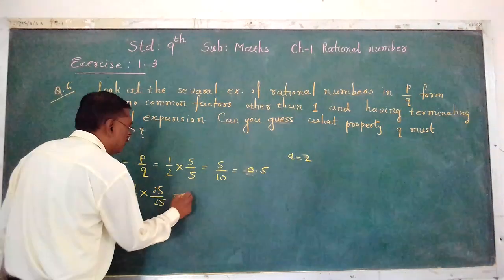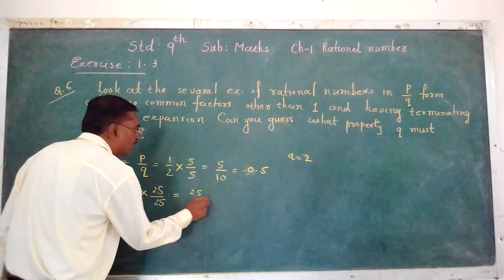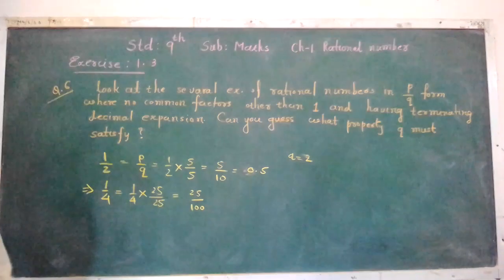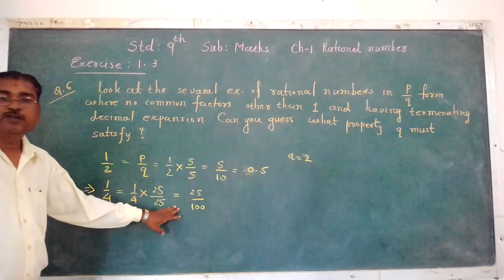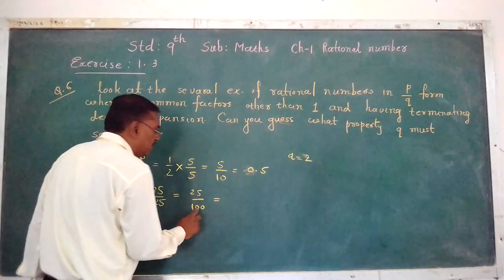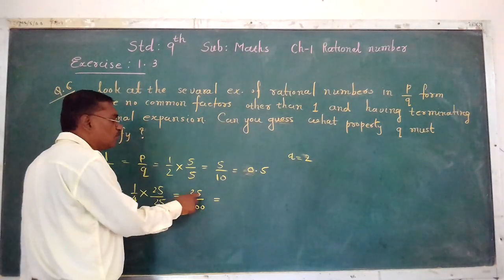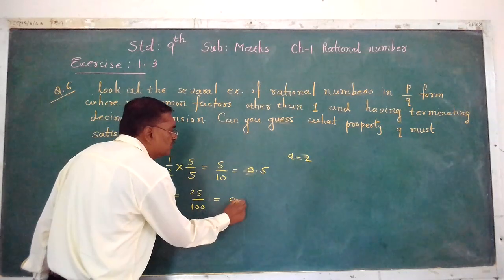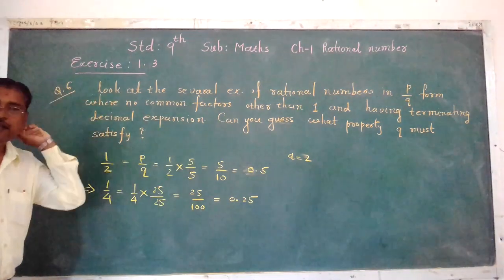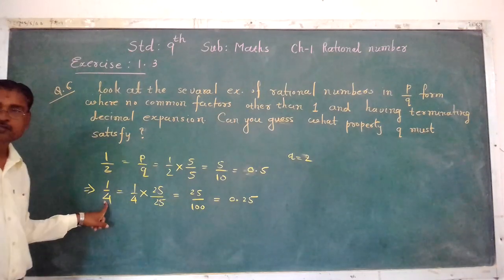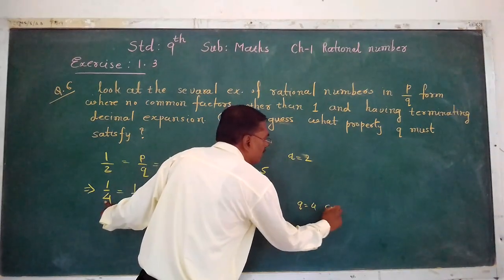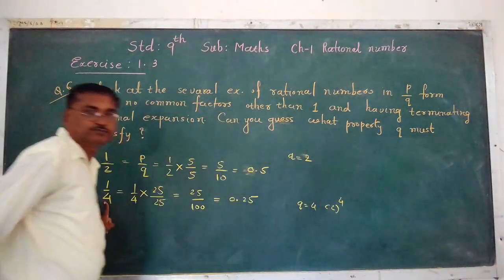So 25 ones are 25, 25 fours are 100. Now we write this in decimal expansion. Here there are 2 zeros in the denominator and 2 digits in the numerator, so we can write 0.25. This is the terminating decimal expansion. Here q is 4, so q is a power of 2.